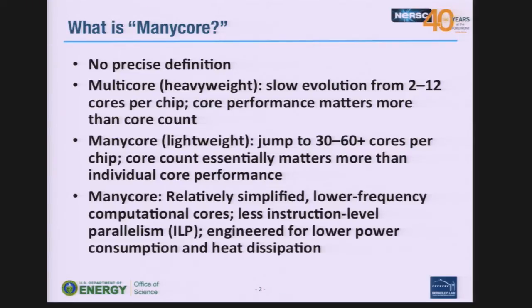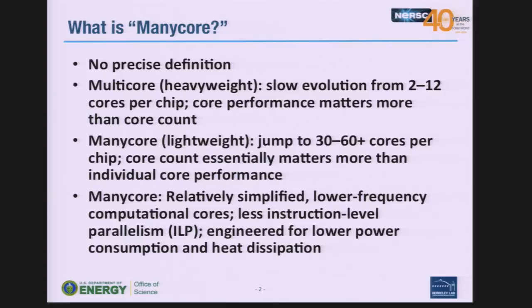So I guess there's no precise definition. What changes from multi-core to many-core? Something you can say is a many-core has many lightweight cores. What does lightweight mean to you as a programmer? It means slow, right? That's what you're faced with: many slow processing cores.